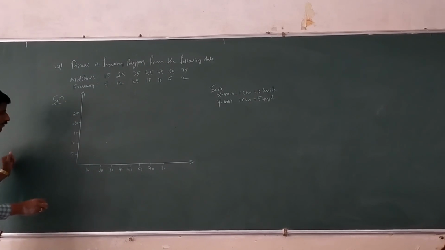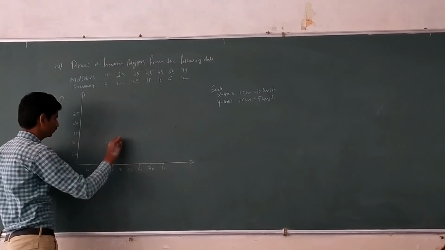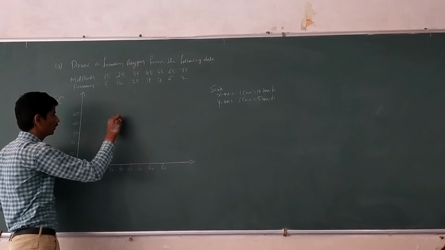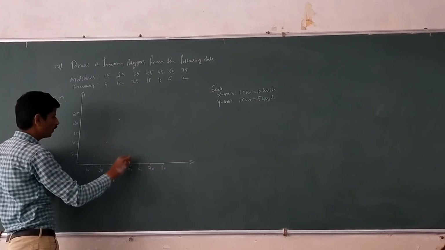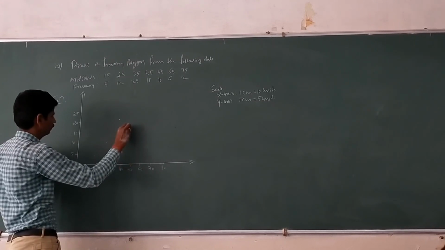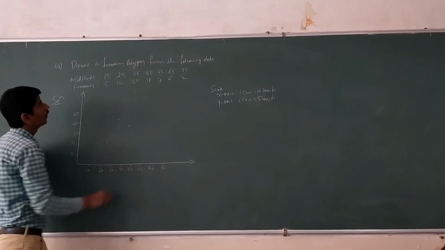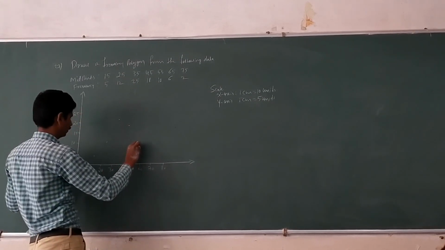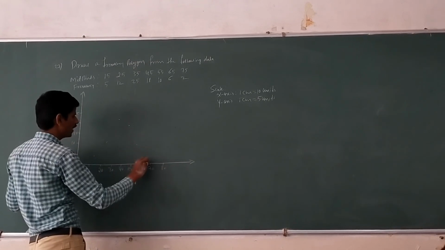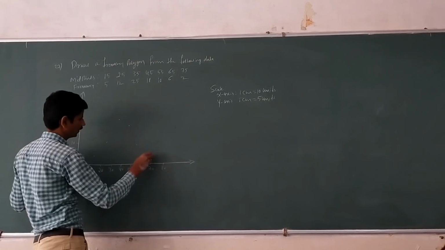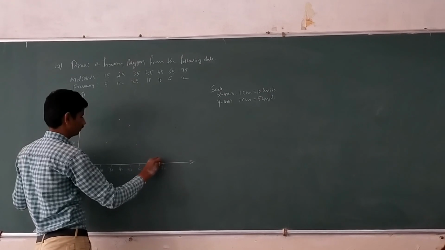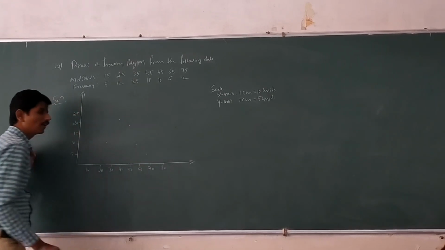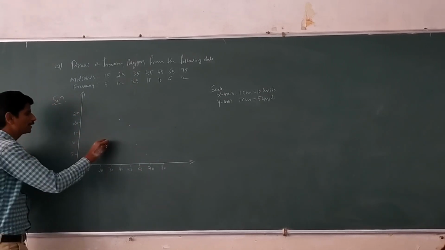The next, 35 is 25. 45 is 18. 55 is 10. 65 is 6. 75 is 2. Draw a straight line, then we get a frequency polygon.